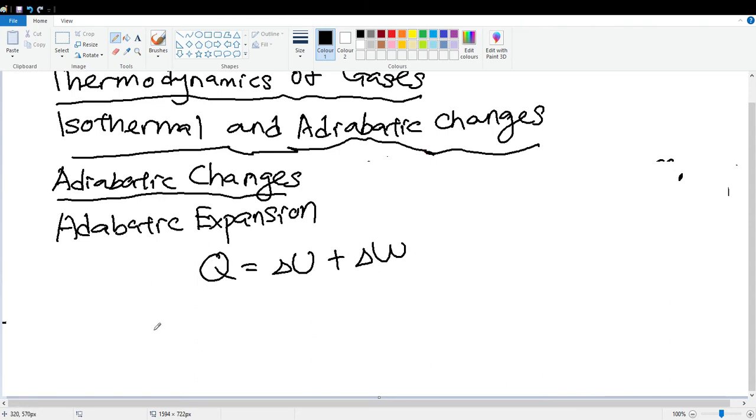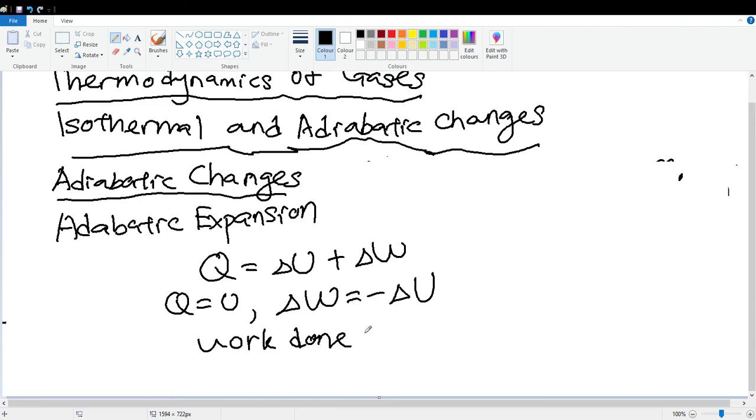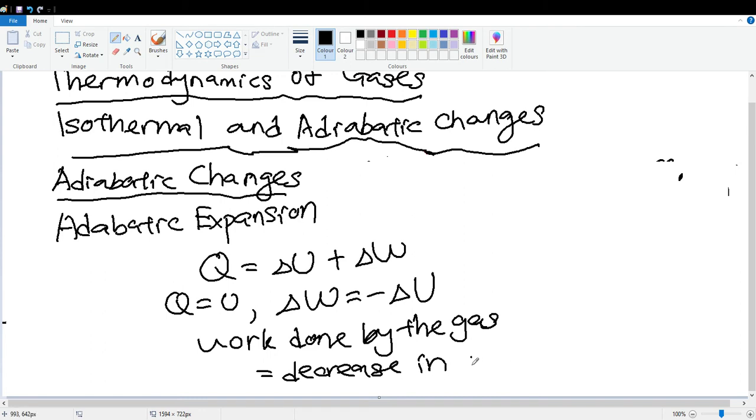Since my Q is equal to 0, I can conclude that the work done by the gas is equal to the decrease in internal energy.